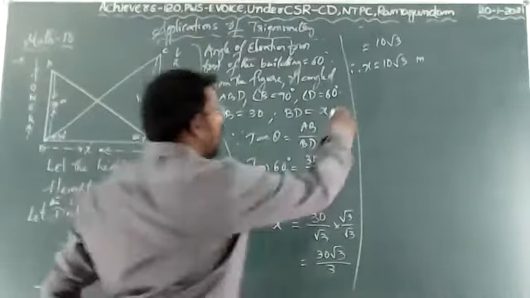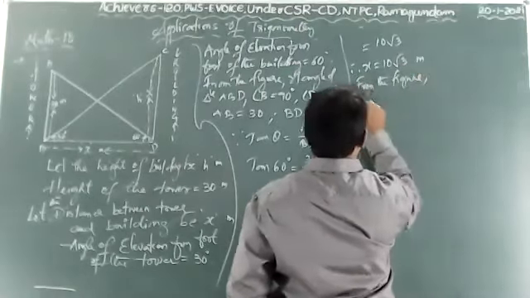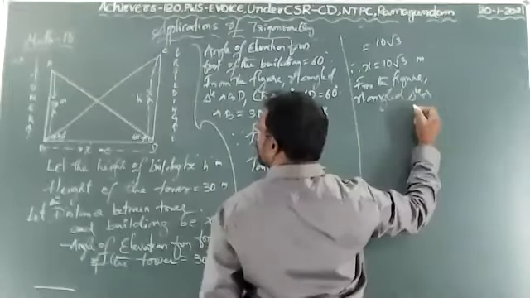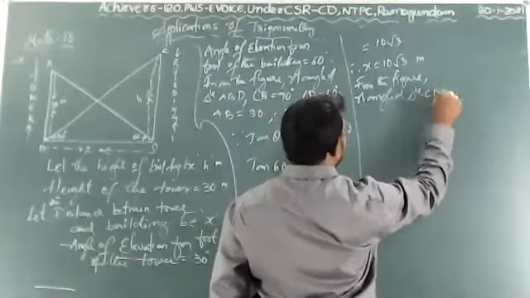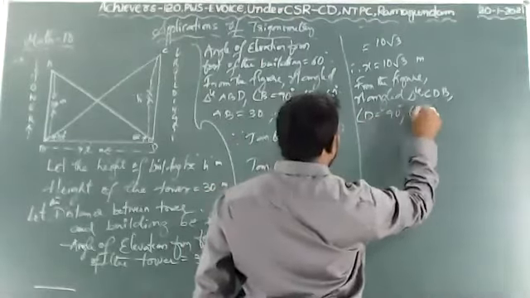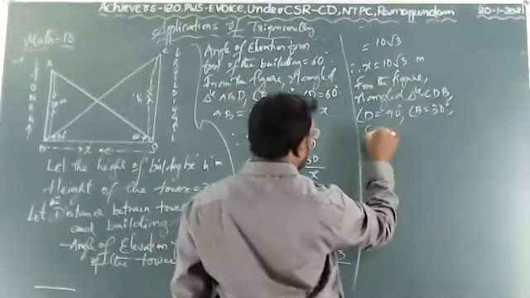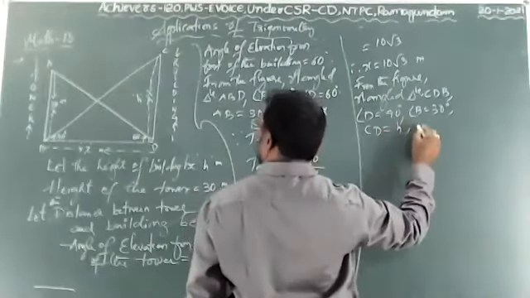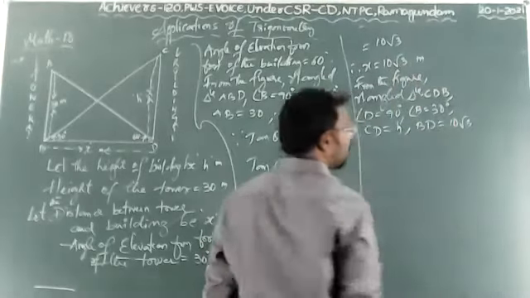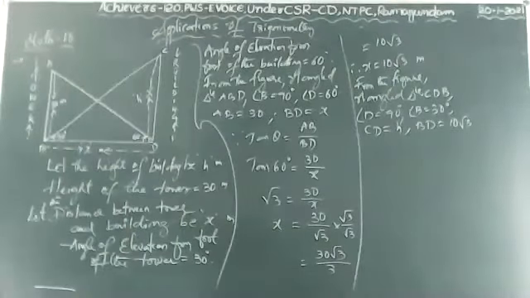Now from the figure, right angle triangle CDB. Angle D is equal to 90 degrees, angle B is equal to 30 degrees, CD is equal to h, and BD is equal to x, which is 10 root 3.